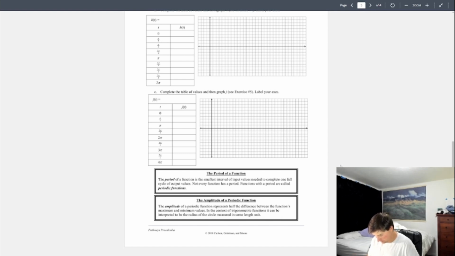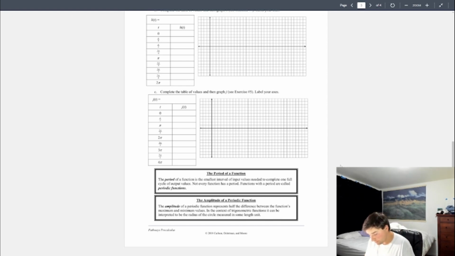Period: multiply or divide the input coefficient in the sine parentheses by the regular period of 2 pi to get the new period.